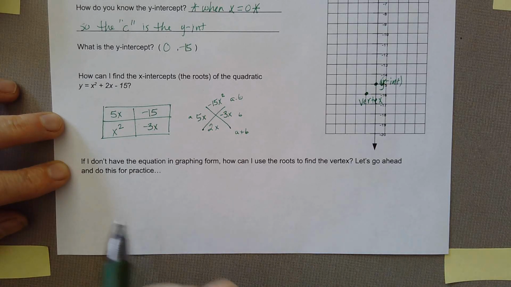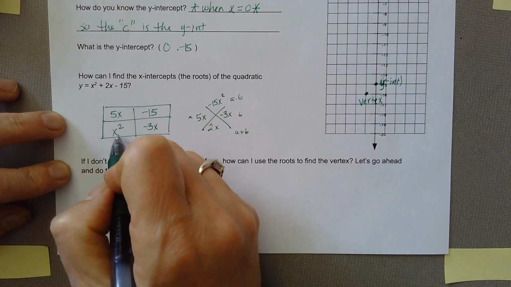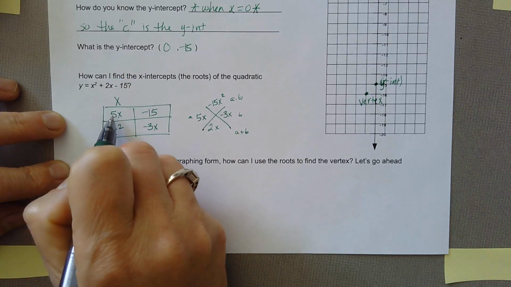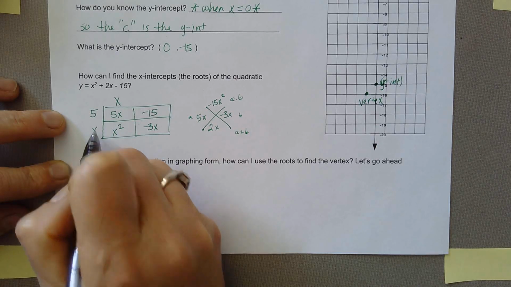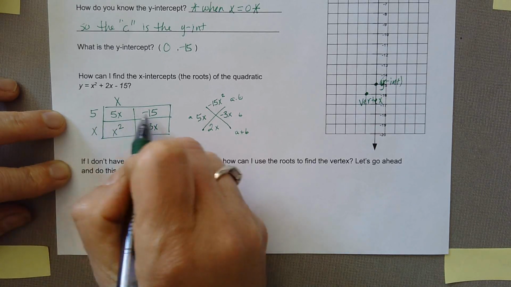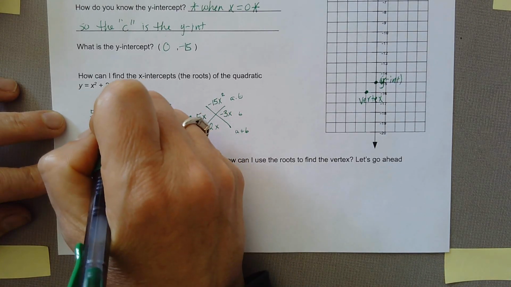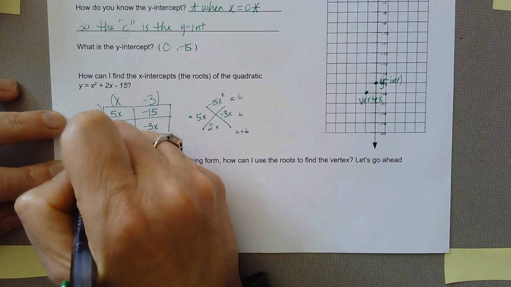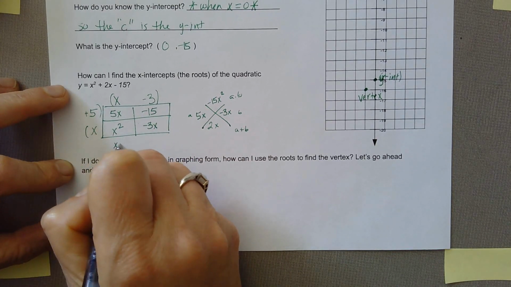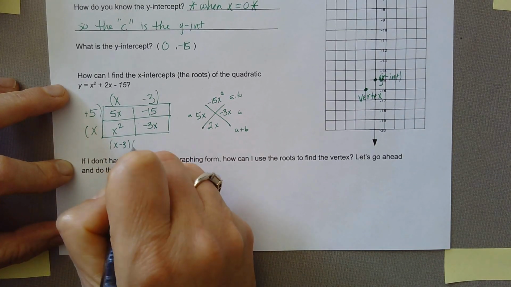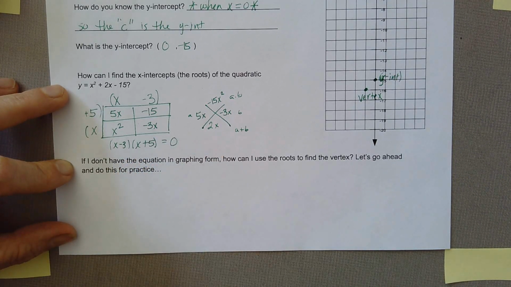The next part is filling in the generic rectangle. So what goes up here? That would be an x. X times 5 is 5x. X times x is x squared. 5 times negative 3 is negative 15. So remember, these become our factors: (x minus 3) times (x plus 5) equals 0.